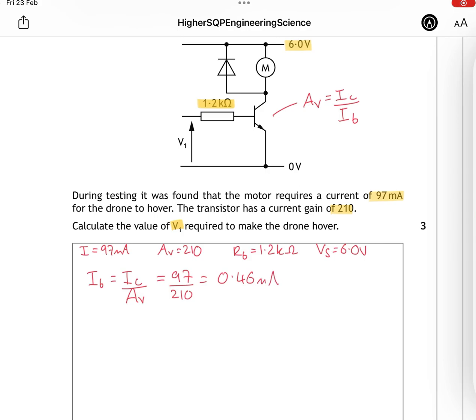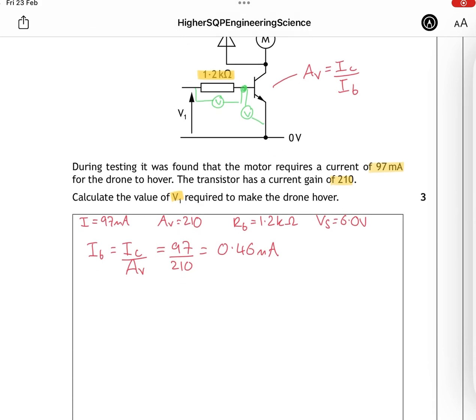0.46 milliamps. The reason I'm finding that is once I have found the current here, I know the resistance over this resistor. I know if the transistor's on, I know the resistance here. So by finding the voltage over the resistor, I'll be able to find V1.